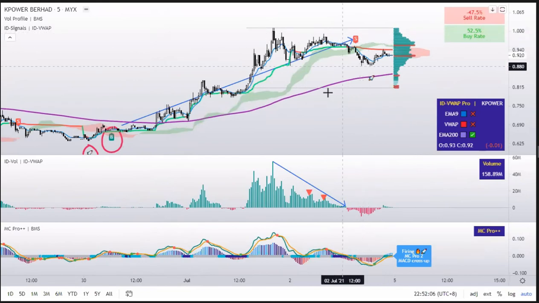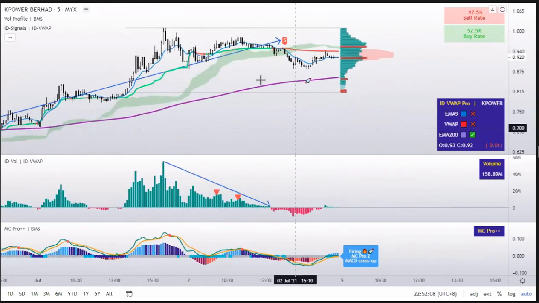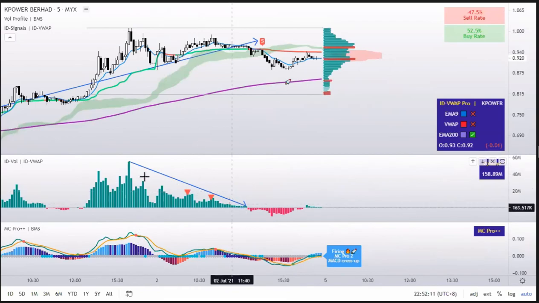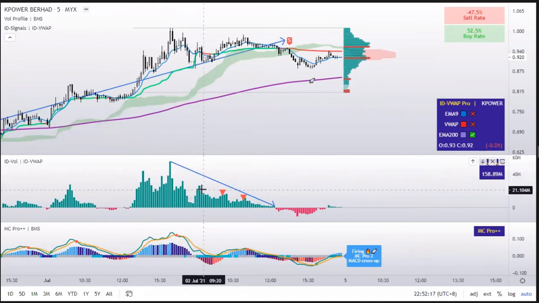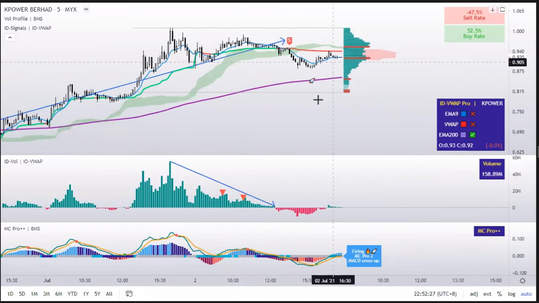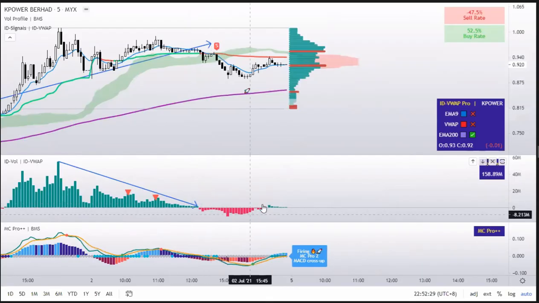All right, very easy. Now, why did the price drop? Because of bearish divergence. The volume starts to drop. You see here, very high volume. The volume starts to drop and then two triangles here. It shows there's a volume bearish divergence. It means the volume dropped while the price went up, and then it will start to drop. Okay. And then there's no buyer or seller.